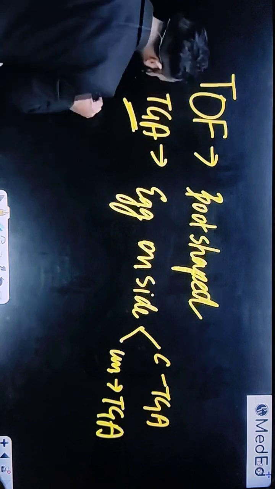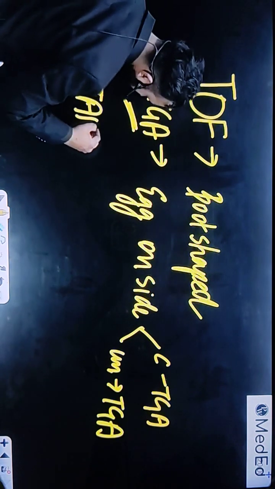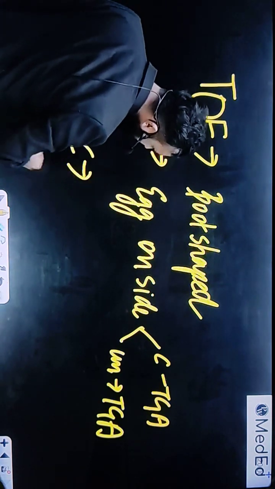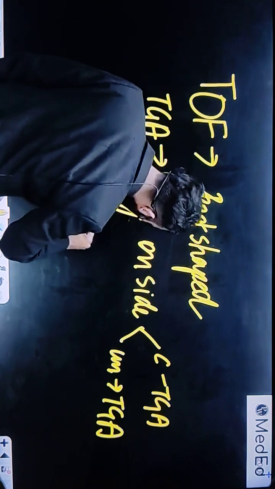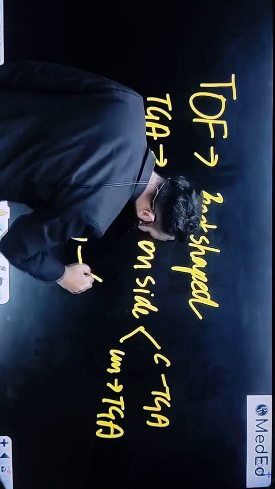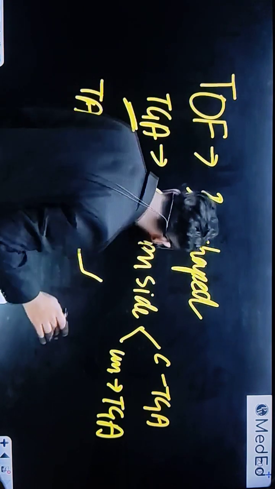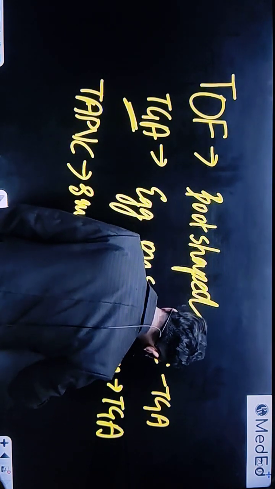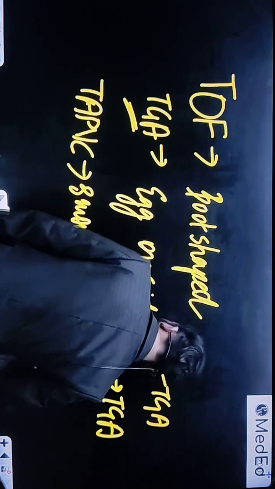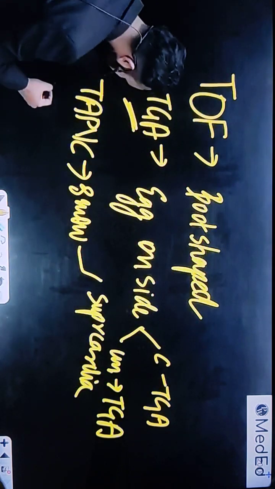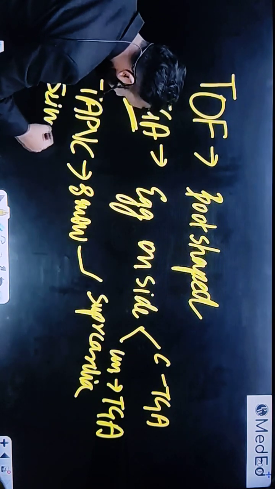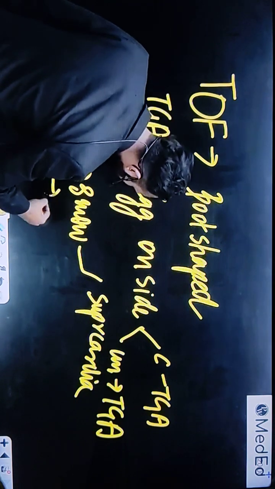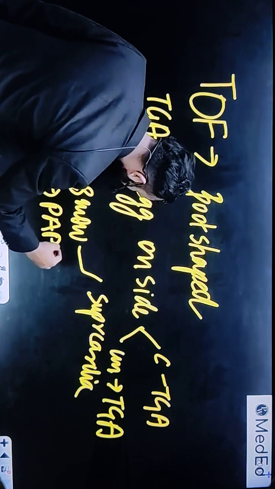Then we discussed the TAPVC, which was giving the characteristic snowman appearance. It is of various types, type 1, 2, 3, 4. Type 1 is the most common, and type 1 is going to give the snowman appearance. Then we discussed the Scimitar syndrome, which was associated with PAPVC.